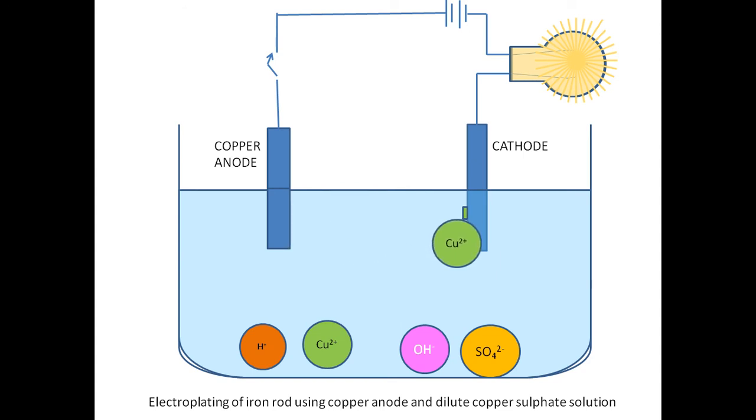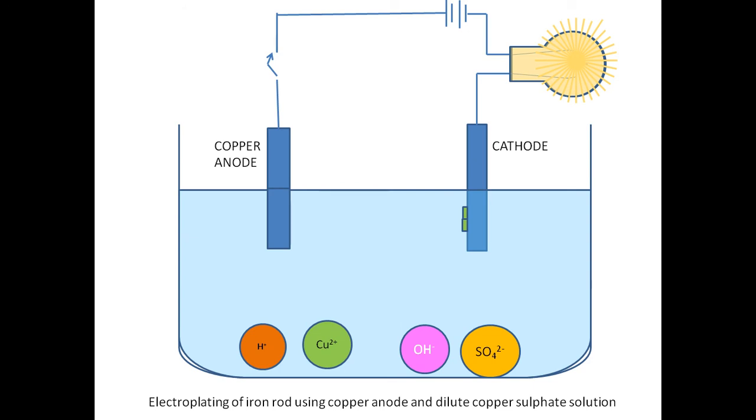They migrate towards cathode and hence these cations gain electrons from the cathode and change themselves into neutral atoms. Here we can see that the selective discharge of ions does not take place while copper anode forms the ions and those ions migrate towards cathode and gain the electrons from cathode and become neutral.